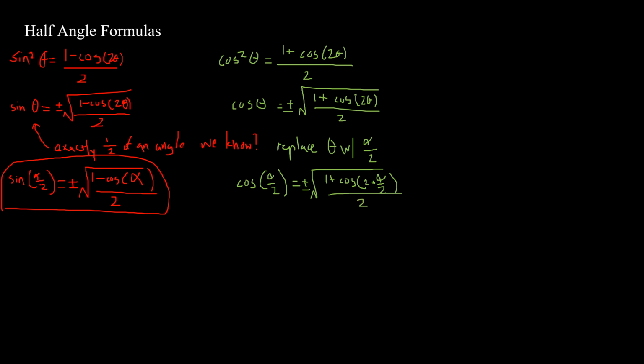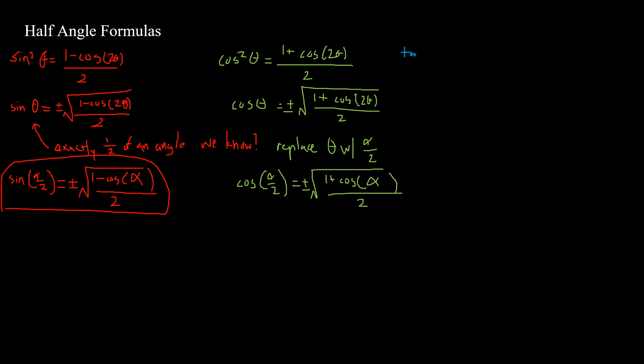And then the 2 times alpha over 2 are just going to cancel, and we're just going to get alpha. So cosine of alpha over 2 is going to be equal to plus minus radical 1 plus cosine alpha all over 2. So now let's move on to tangent.